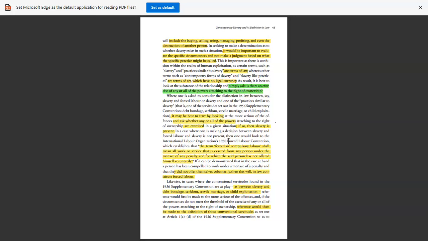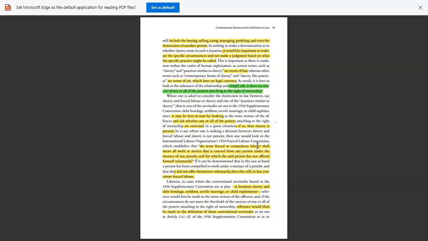So they have other terms that came about in other conventions where they established the term forced or compulsory labor. That shall mean all work or service that is exacted from any person under the menace of a penalty, and for which said person has not offered himself voluntarily. So this in the Constitution in Michigan is listed as involuntary servitude shall be prohibited or not allowed.